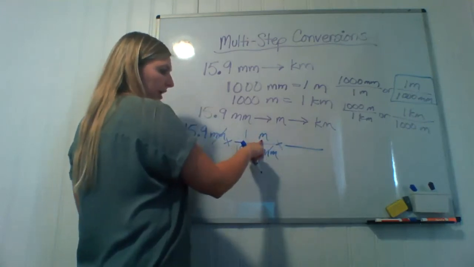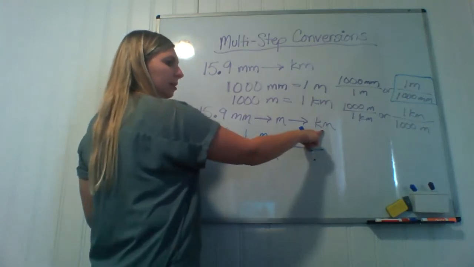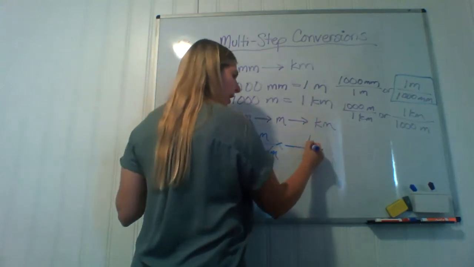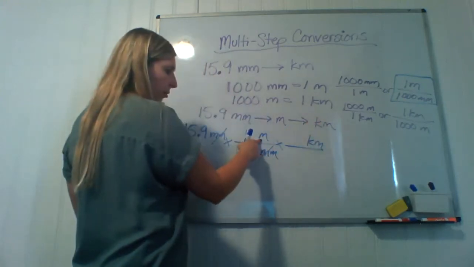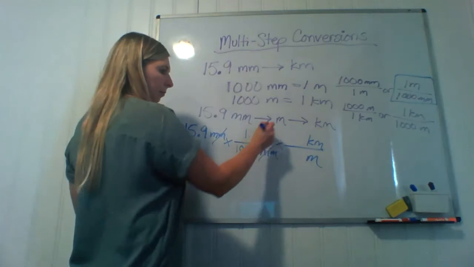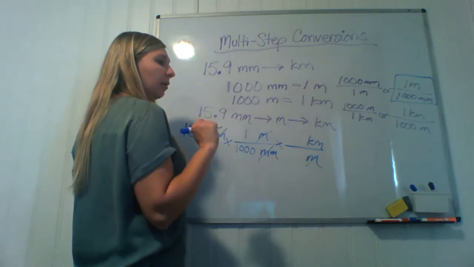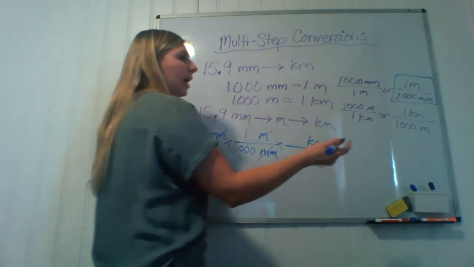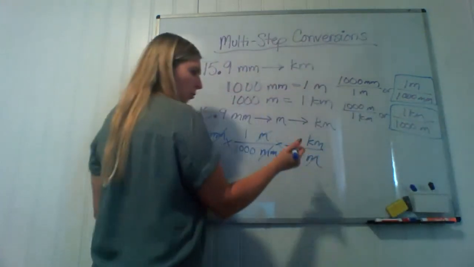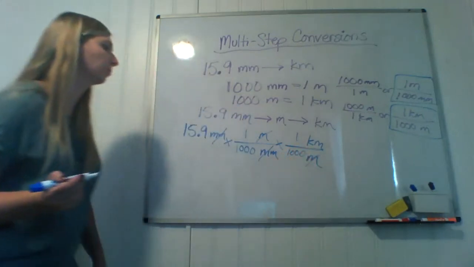Whatever unit we are starting with, we want to cancel to get to the unit that we desire. Our desired unit is kilometers, so I want to put that here on top. And the unit that we're going to cancel is the meter, so that's going to go on the bottom. Which one of the conversion factors are we going to use? Again, we're going to identify this conversion factor with 1 kilometer on top and 1,000 meters on the bottom.